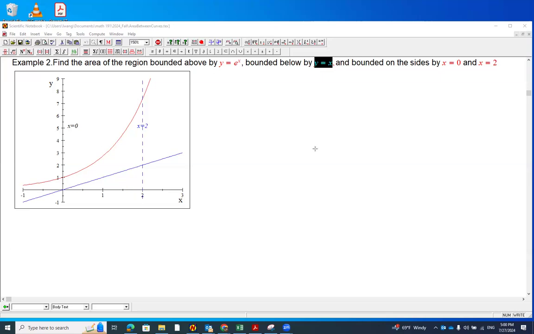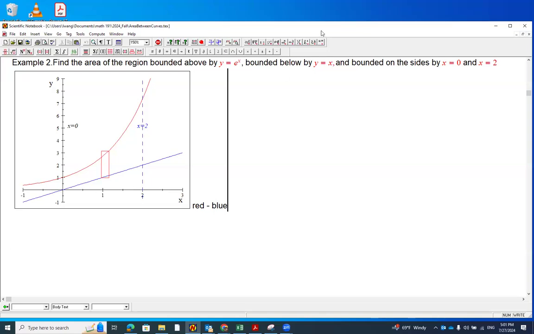So if we construct a typical slice, the height of this typical slice is obviously the function from above subtracting the function from below, which is the red function subtracting the blue function. And this is consistent from 0 to 2.